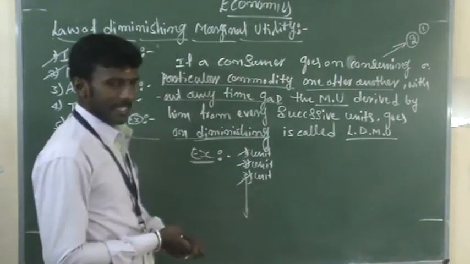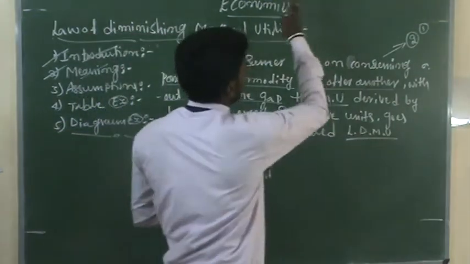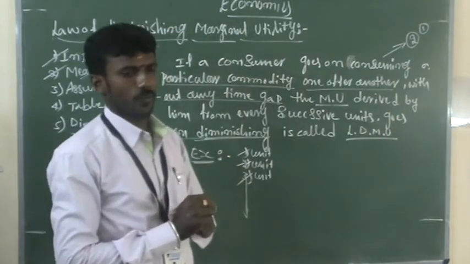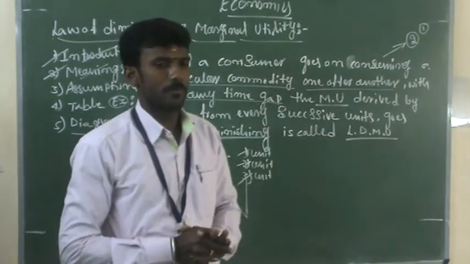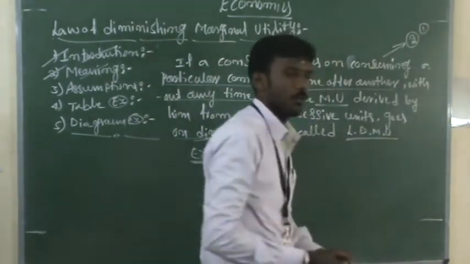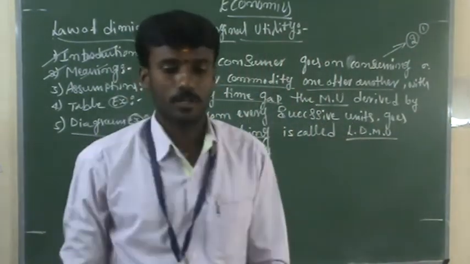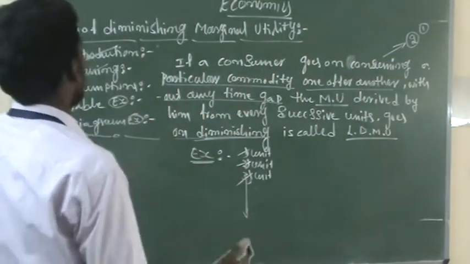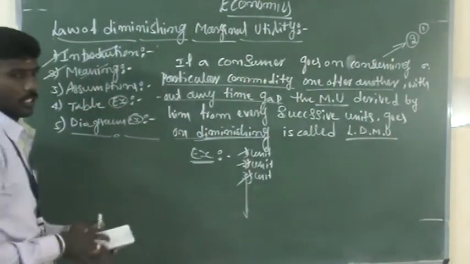This process we call the law of diminishing marginal utility. So this is the meaning of the law of diminishing marginal utility.